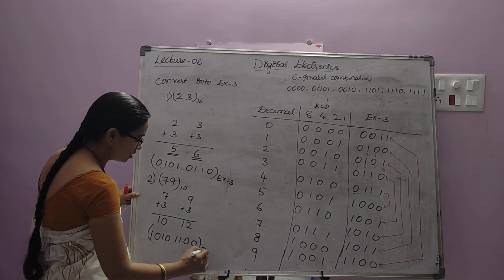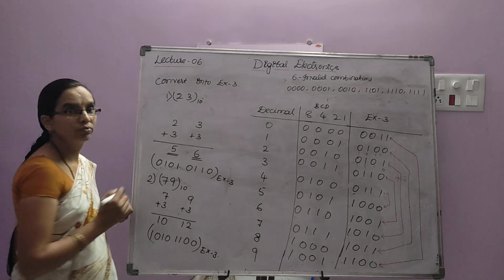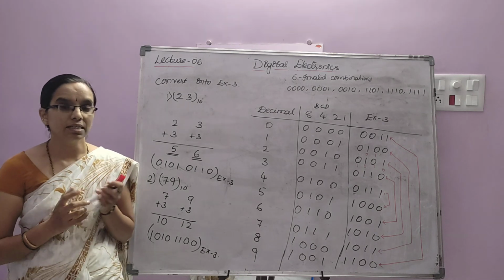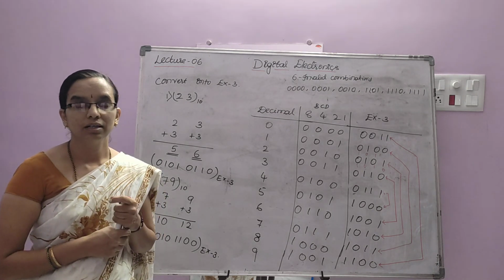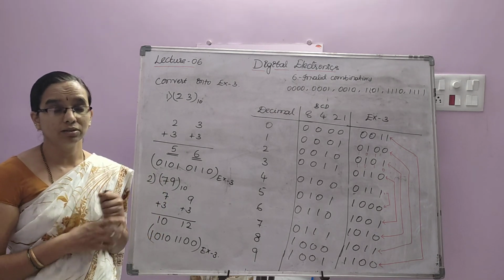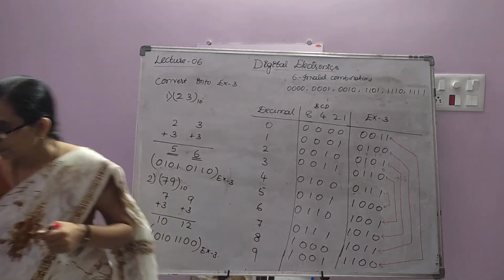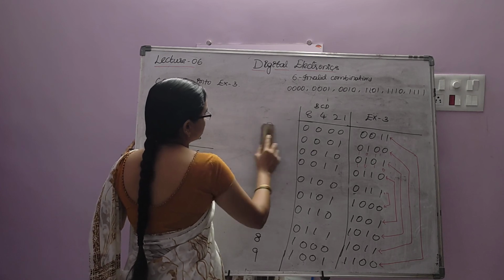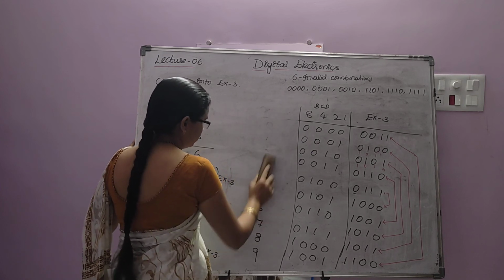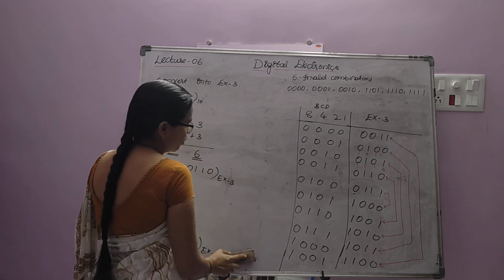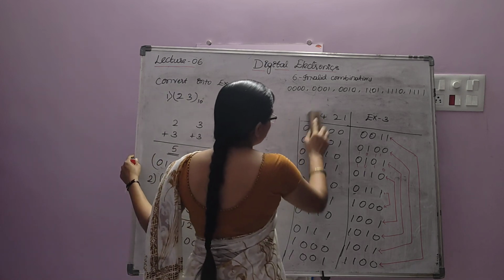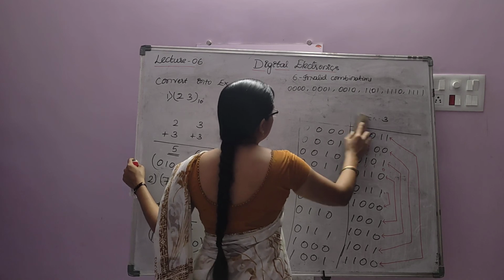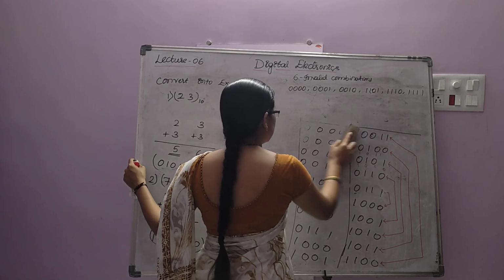This is the XS3 equivalent of 79. Okay. This is how we convert decimal numbers into XS3. You should know the decimal to binary conversion that we have learned in first year itself.